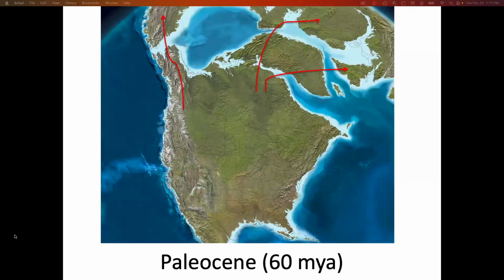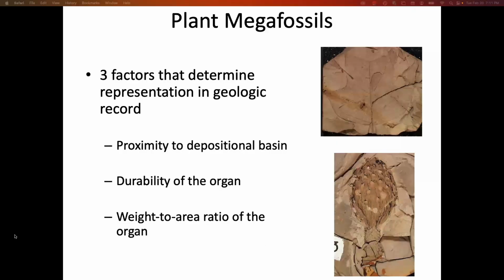All right, let's switch gears now and let's talk a bit about one of the key ways that we know what the climate was like of North America over the past 70 million year period. That's really the focus of the next week of class, is how do we know what the climate was like? Well, one key way that we know is through fossils, okay?